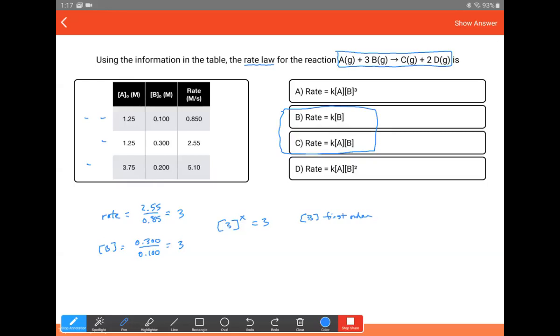What we see is we have both concentrations changing, but we now know the order of B, so we know the impact of B. So if we go from 0.1 to 0.2, if we had held A constant, 2 to the first power equals 2, the rate should double.